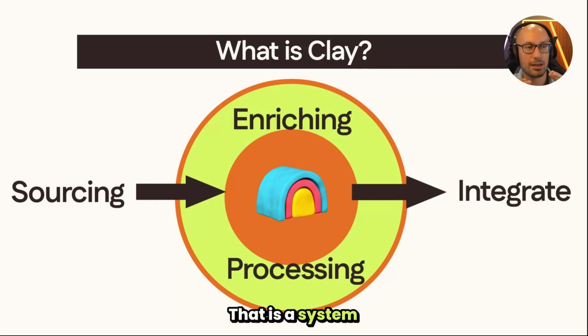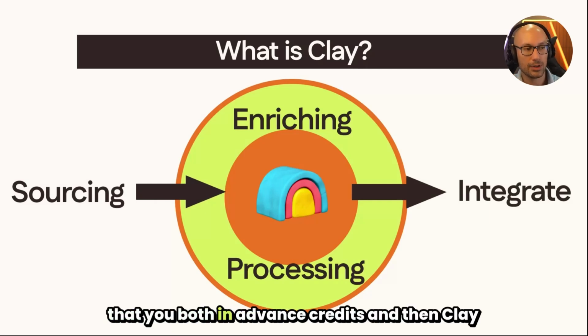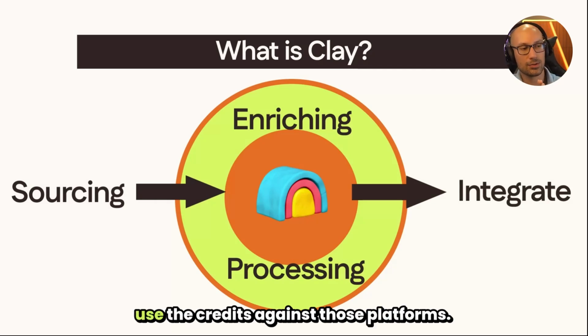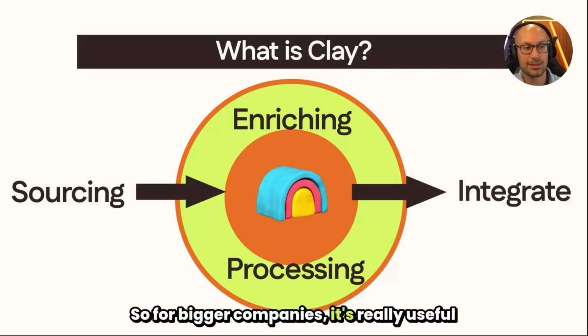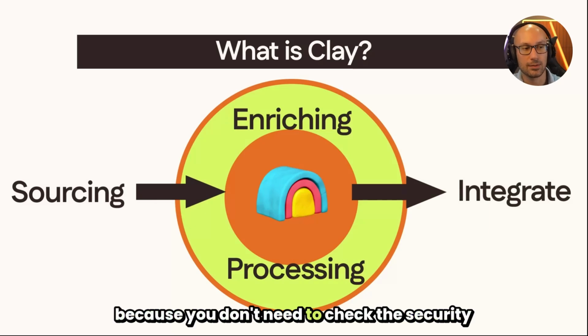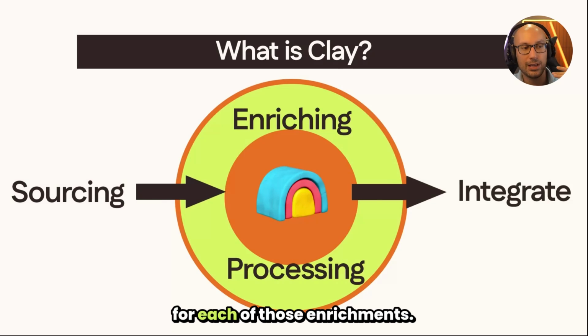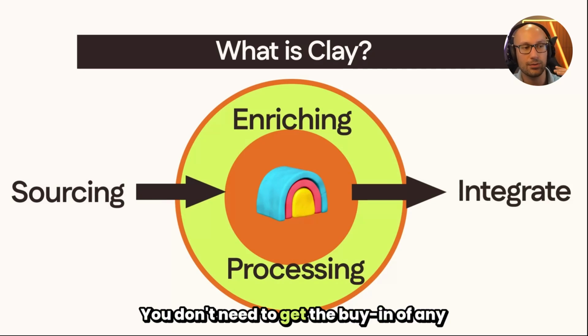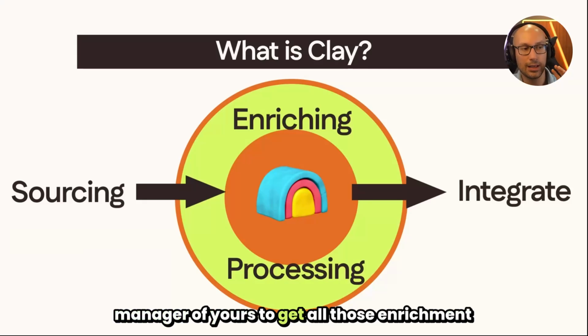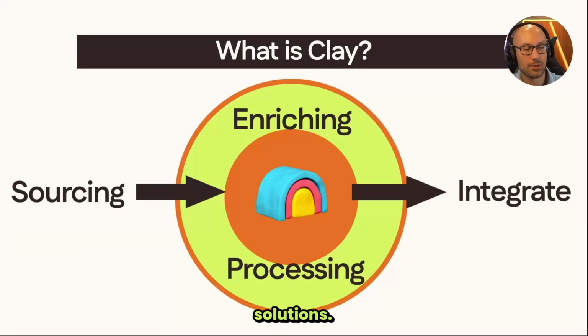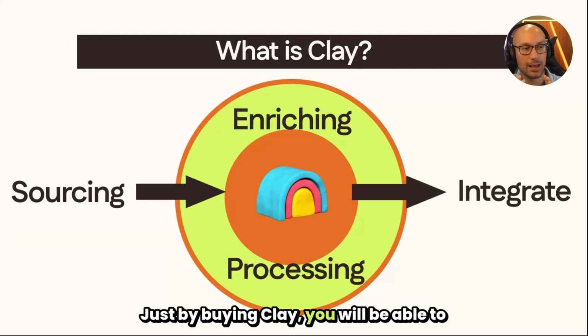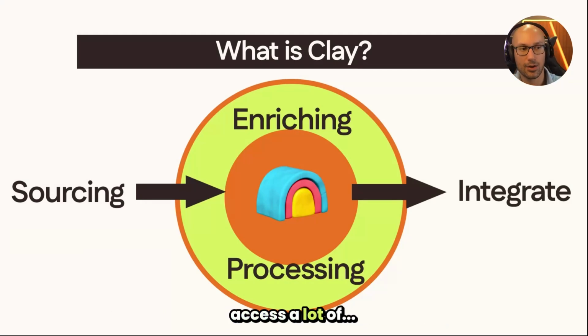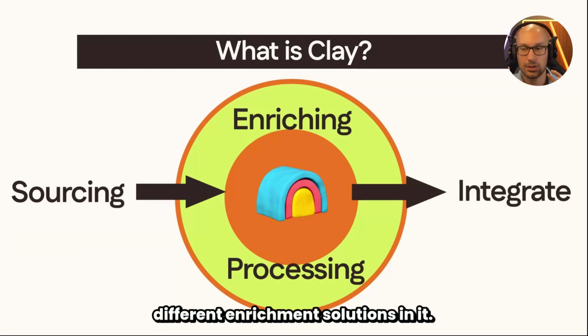It's a system where you buy credits in advance, and then Clay uses the credits against those platforms. For bigger companies, it's really useful because you don't need to check the security for each of those enrichments. You don't need to get the buy-in of any manager of yours to get all those enrichment solutions. Just by buying Clay, you will be able to access a lot of different enrichment solutions in it.